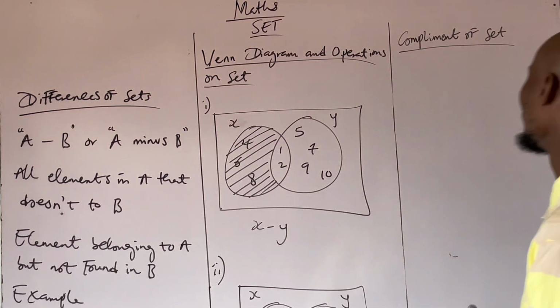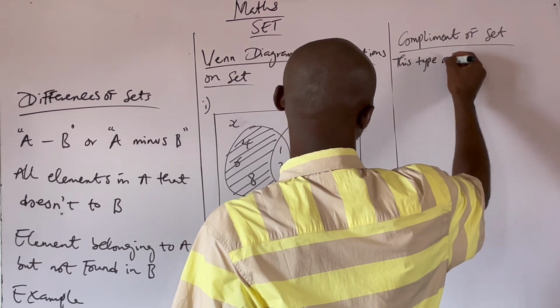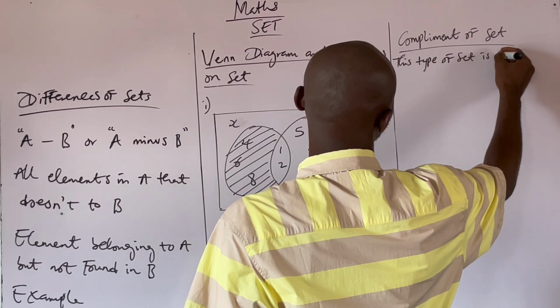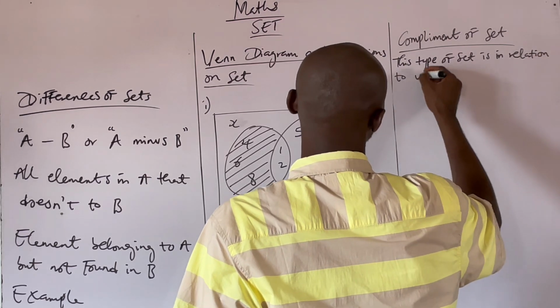I need to write. This type of set is in relation to the universal set.